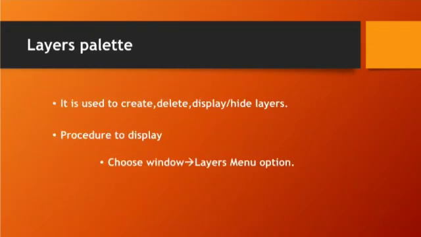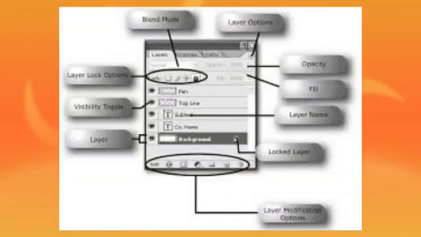To display the layer palette, we can choose the Window menu and select the Layers menu option. Here we can display the layer palette like this. It will be displayed on the right side corner of the Adobe Photoshop window.